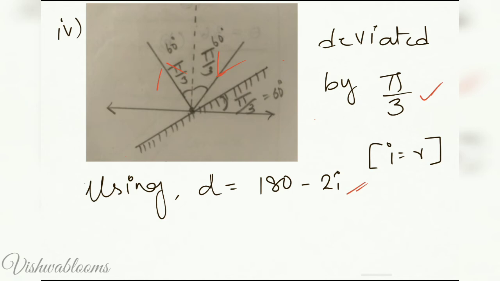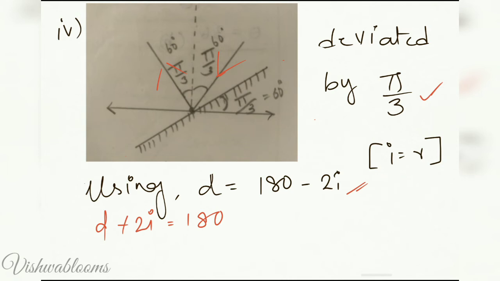Now I want to write the 180 on the RHS and bring this to the LHS, so I bring all the D and i to one side. So I can write D plus 2i is equal to 180 degree. Am I correct? I just sent this minus 2i to the LHS. Now i is nothing but r, as I told.